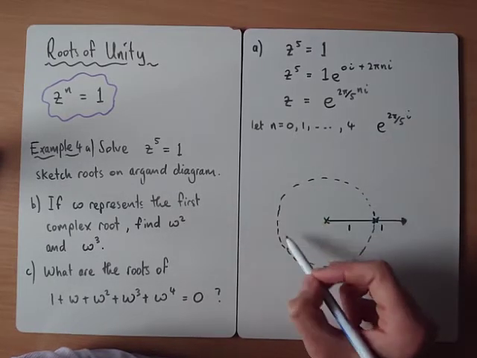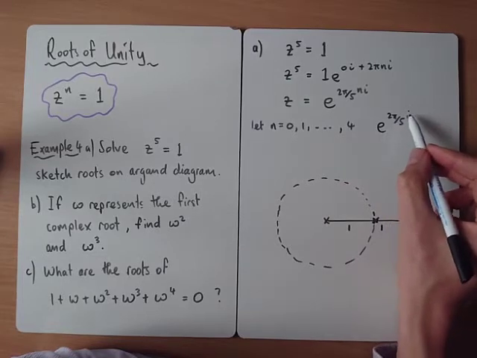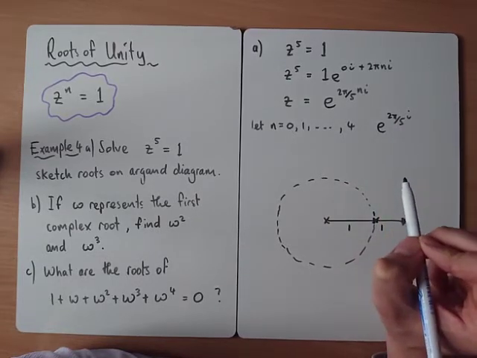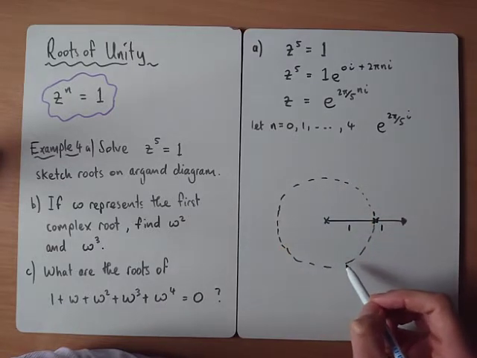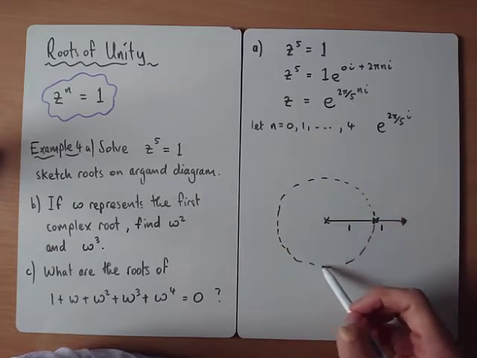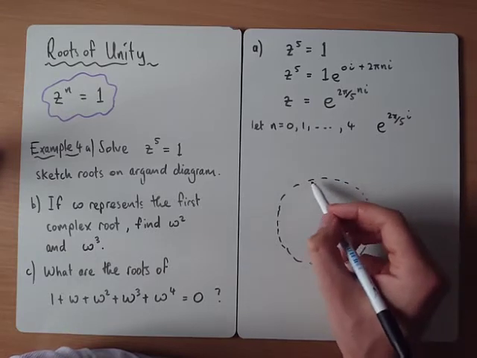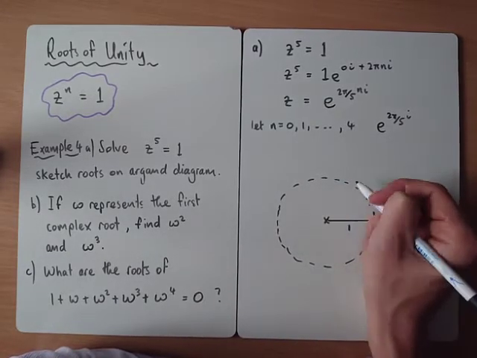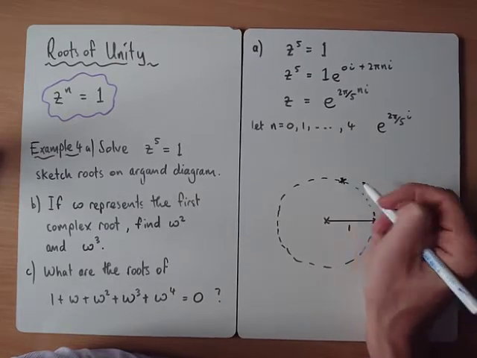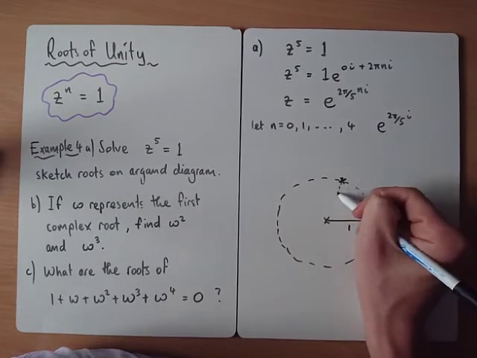And we're splitting the circle up into fifths. Okay? And there are going to be 5 solutions along this circle, which are evenly spaced out. And they're actually going to give us a pentagon. Okay? So 2 pi over 5 would be around about here.